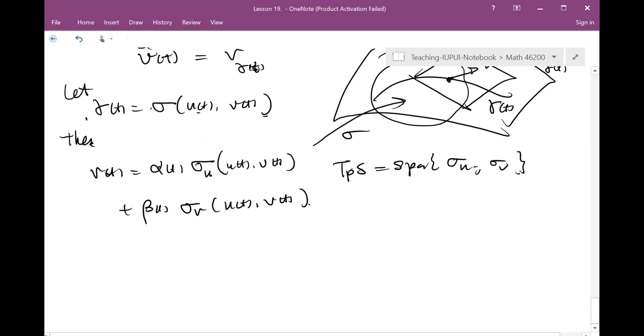Now, when you differentiate, it's just the usual derivative. This is a vector in three-dimensional space. So this is not going to be in the tangent plane in general.